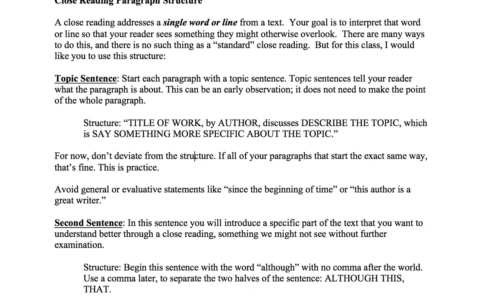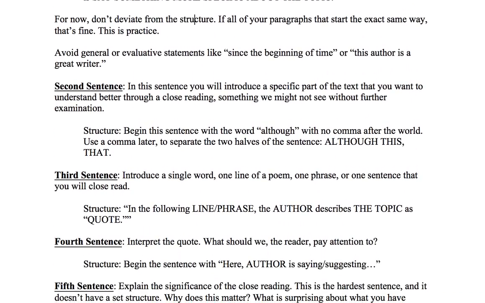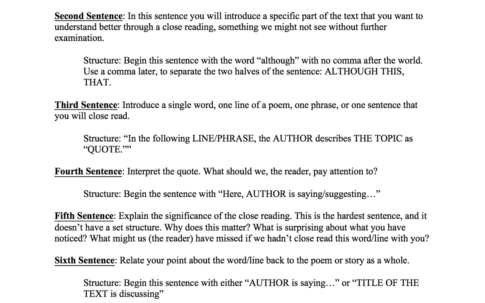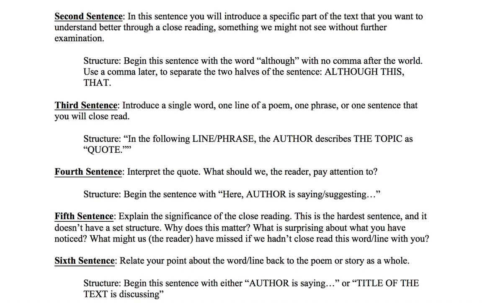So moving along here, the second sentence of your close reading. In this sentence, you will introduce a specific part of the text that you want to understand better through your close reading, something we might not think to look at without further examination. So here's the structure for this sentence.